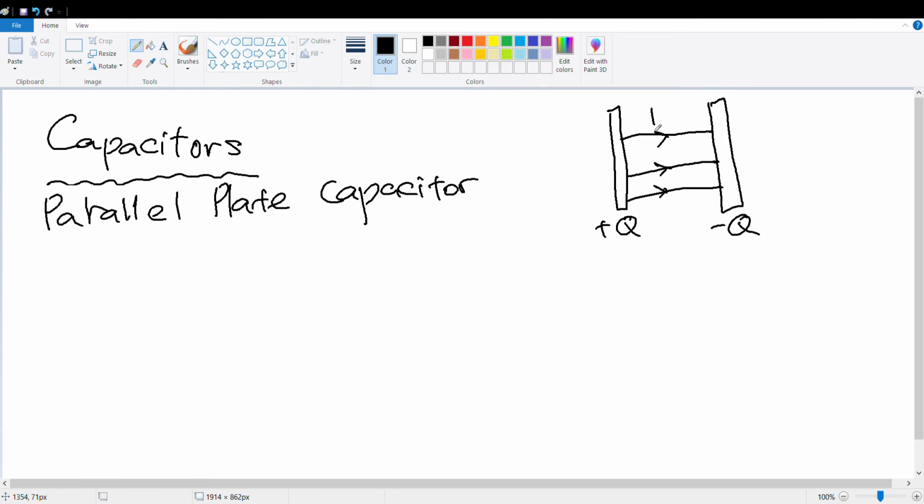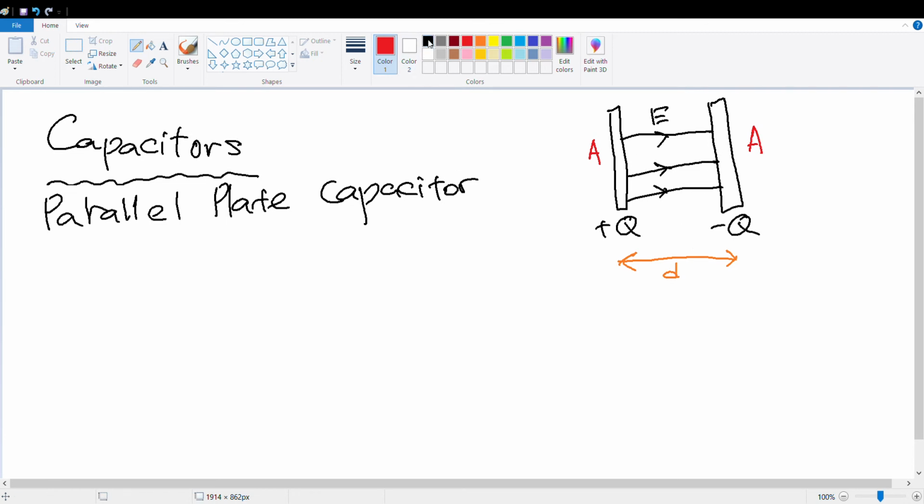So this is E, and we know that this is the plate separation, which is D. Both plates have their own surface area which is equal, so we denote this one as A, and this one is A as well.